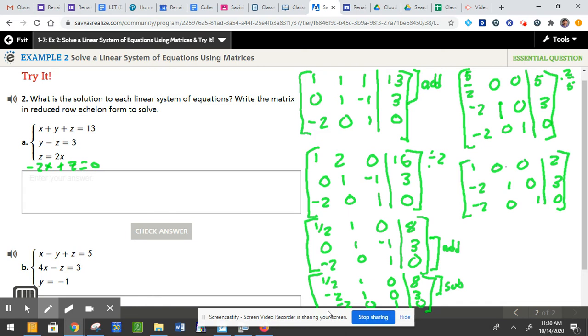And then I can just revert back to that first row that I already have locked in. So I'm going to multiply this by 2, and then I'm going to add it with those. So let me just write that out. We got 2, 0, 0, 4. You got negative 2, 1, 0, 3. Negative 2, 0, 1, 0.